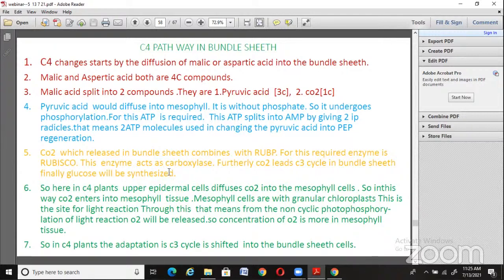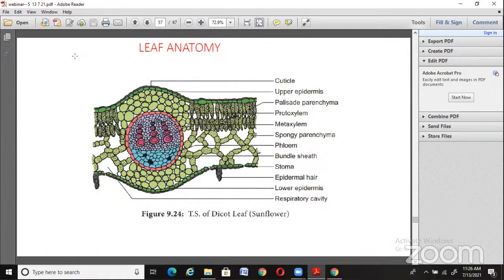Now, the main intention of the C4 pathway. What are the adaptations it shows during this C4 pathway? Here, the upper epidermal cells are diffusing temperature and carbon dioxide into the mesophyll cells.